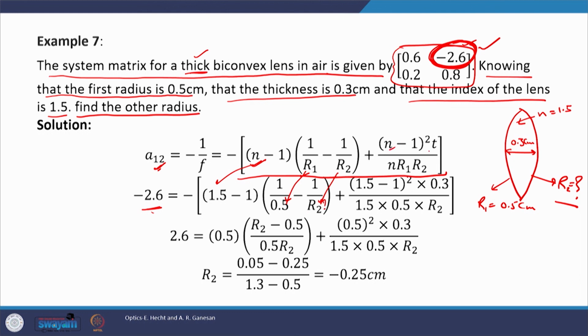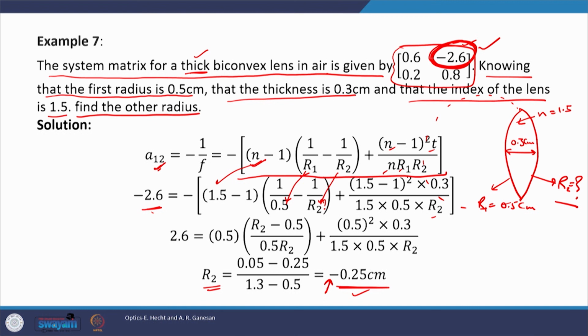Substitute for n, t, and r1, and let r2 sit as it is. If you solve it, it gives the value of r2 as minus 0.25, which is correct here. If you make a circle here, this sphere would be on the left hand side of the refracting surface. Therefore, the minus is correct here. The radius of curvature should be equal to minus 0.25.